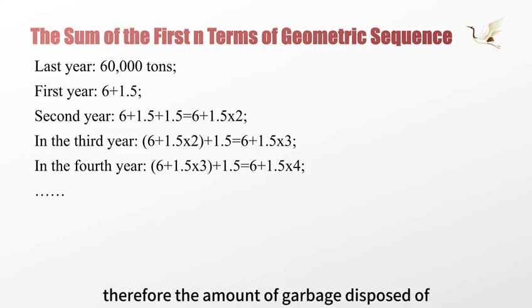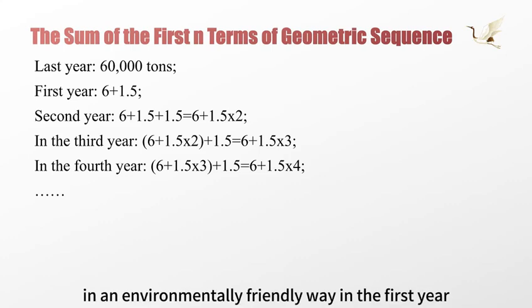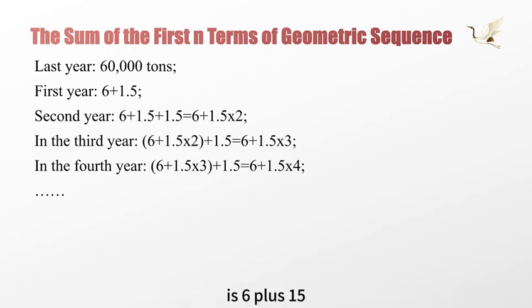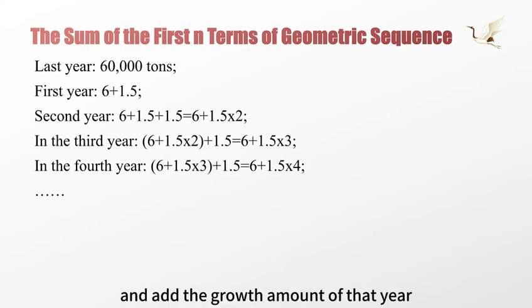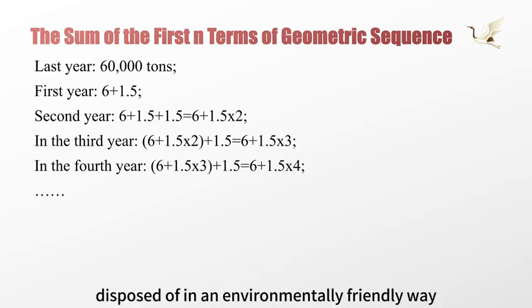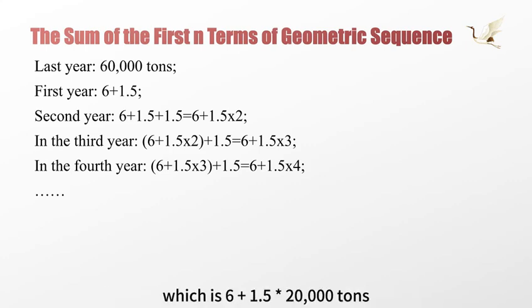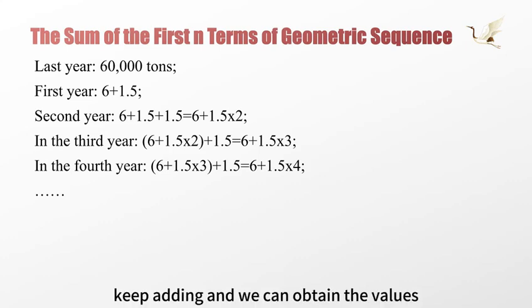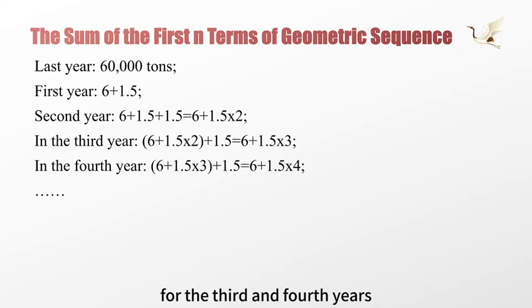Therefore, the amount of garbage disposed of in an environmentally friendly way in the first year is 6 plus 1.5, which equals 75,000 tons. Then in the second year, we take 6 plus 1.5 as the base number and add the growth amount of that year, which is 1.5, to get the amount in the second year, which is 6 plus 1.5 times 2, 90,000 tons. Keep adding, and we can obtain the values for the third and fourth years.